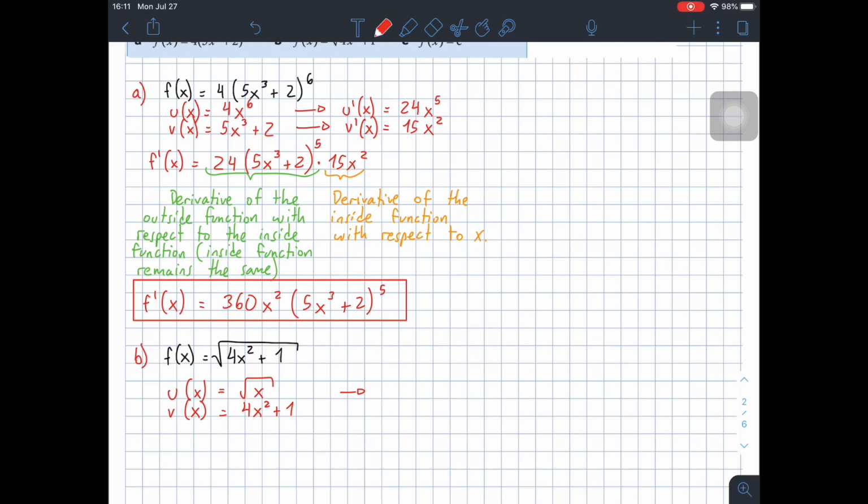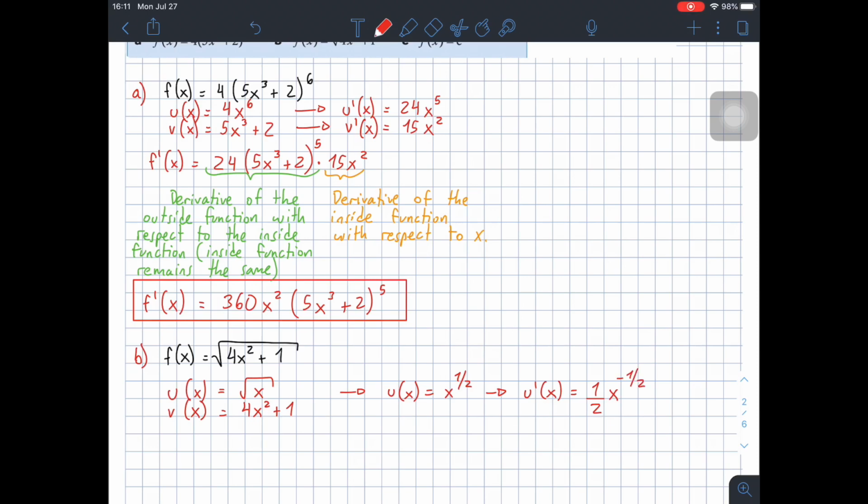Remember that, okay, u of x, we can rewrite this as x to the power of 1/2 in order to do the power rule. So the derivative u prime of x using power rule would be 1/2, we take the 1/2 in front, times x to the power of 1/2 minus 1, which is negative 1/2.